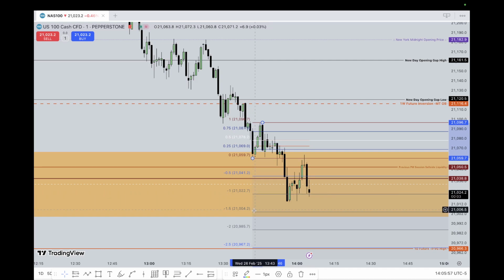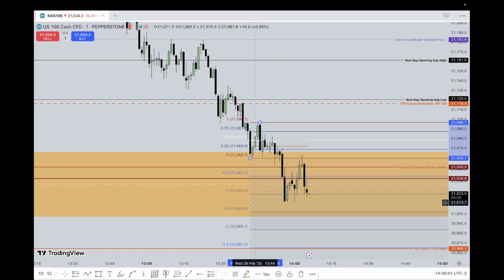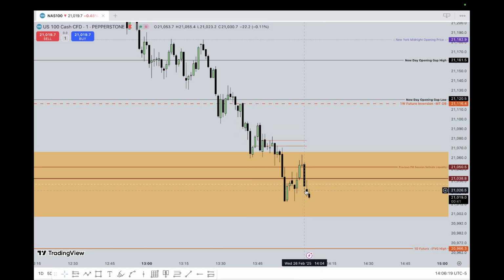If you're looking at the -1 and the -1.5, between them, I believe this is the 25% if I'm not mistaken. 50, we fell short of that. 25% and the -1.5. But the bodies stay relatively in close proximity to this. Immediate rebalance here, 25% of this tail, and coming back into this volume imbalance.